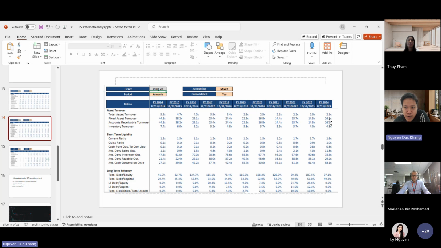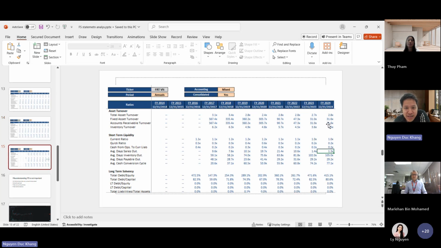Asset turnover, Mobile World was 2.1. FRT has 2.8. So FRT is a little bit better in asset turnover. But for a trading company, I don't care much about asset turnover.